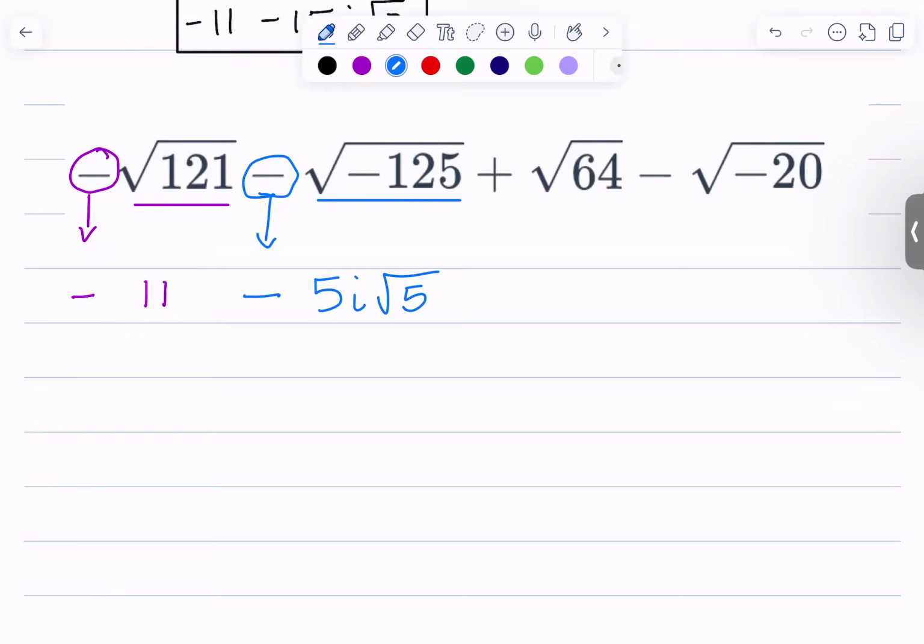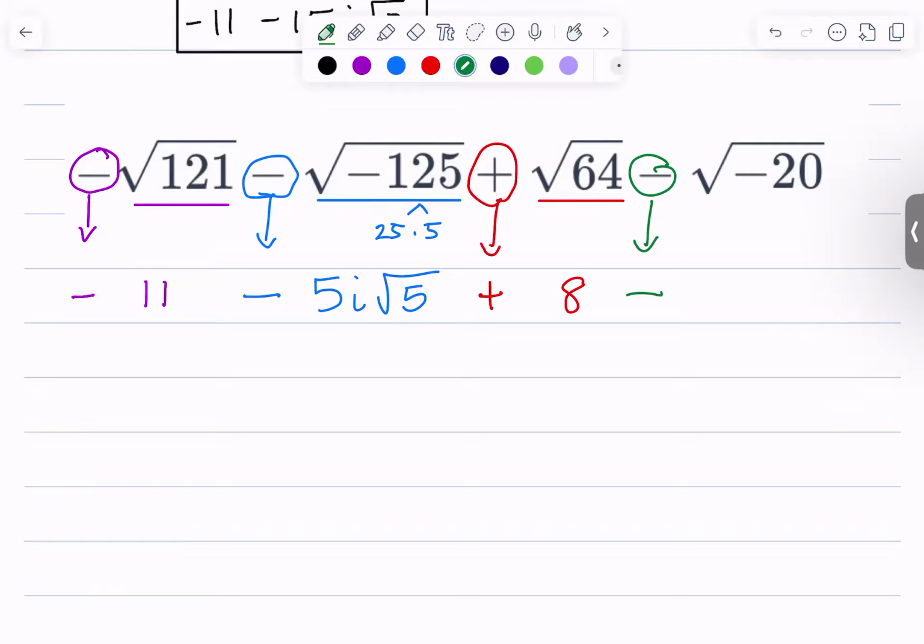Understand? Because the 125, right? The i is just a negative. 125 breaks out to be 25 times 5. Right? Okay. Plus square root of 64 is 8. The minus comes down.